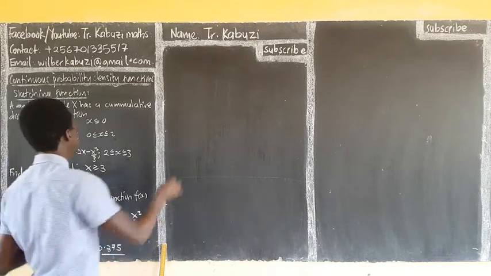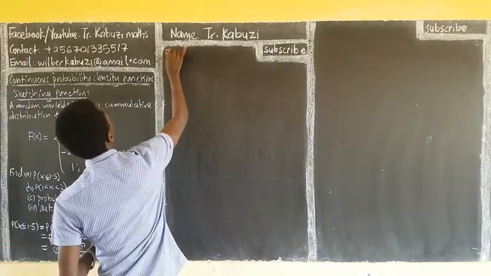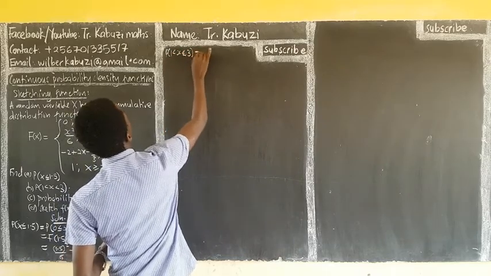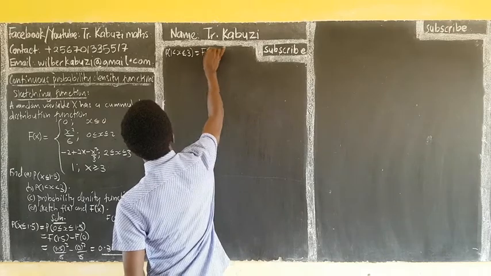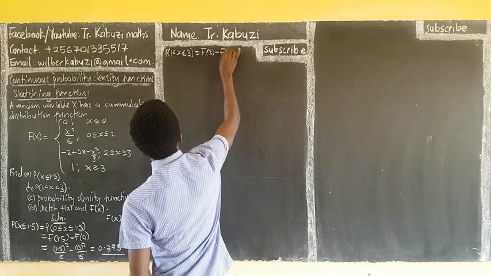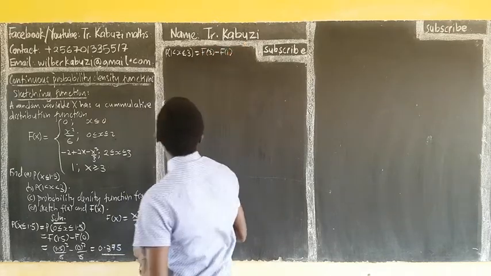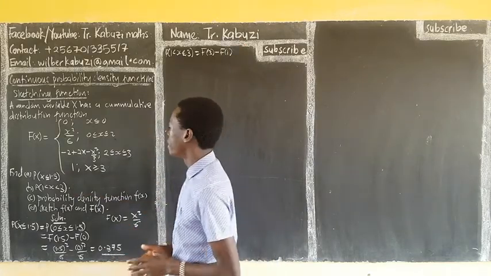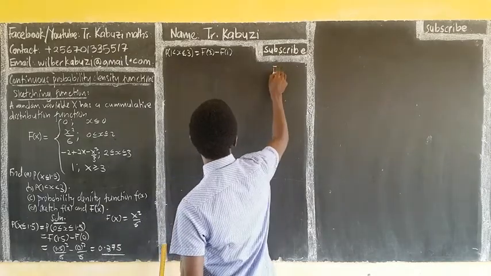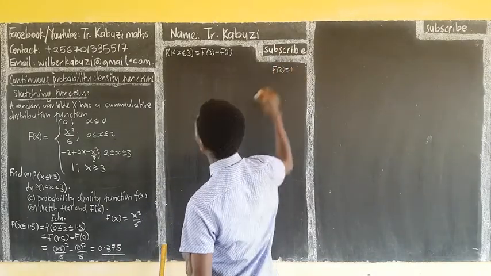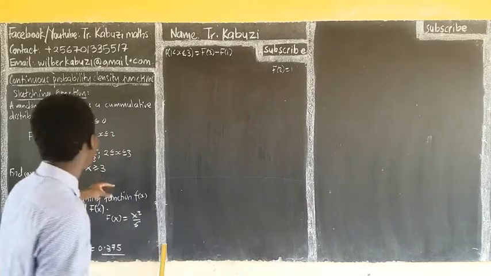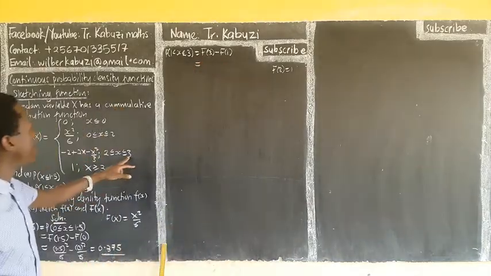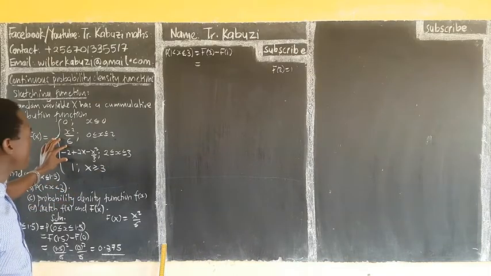When we come to 1 less than x less than 3, this will be now capital F of 3, then minus F of 1. By the way, when you look at this upper one, it's always going to give you 1, so don't press the calculator. You just read it for formality, but you know that always F of the last value will be 1. Anyway, let us see if it's giving us 1 when we are substituting. So F of 3 is in this interval, and its capital F of x is this.